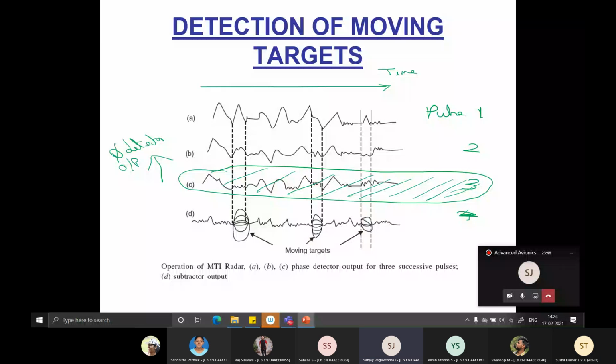Sir, the apparent increase in frequency. No, the frequency information is lost. Now what you are getting is a voltage in time. Indirectly it's there, but what is visible to you is two signals for two consecutive pulses.